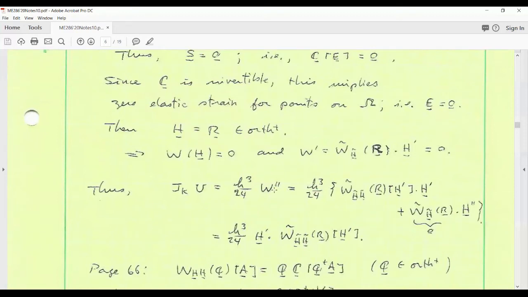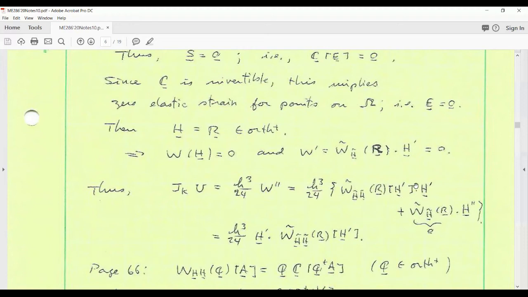On the other hand, the W double prime from that chain rule representation we had is the second derivative of W evaluated when H equals R, operating on H prime, inner product H prime, and then we had this other H double prime term, which gets multiplied by dW dH when H equals R, which is, again, 0.